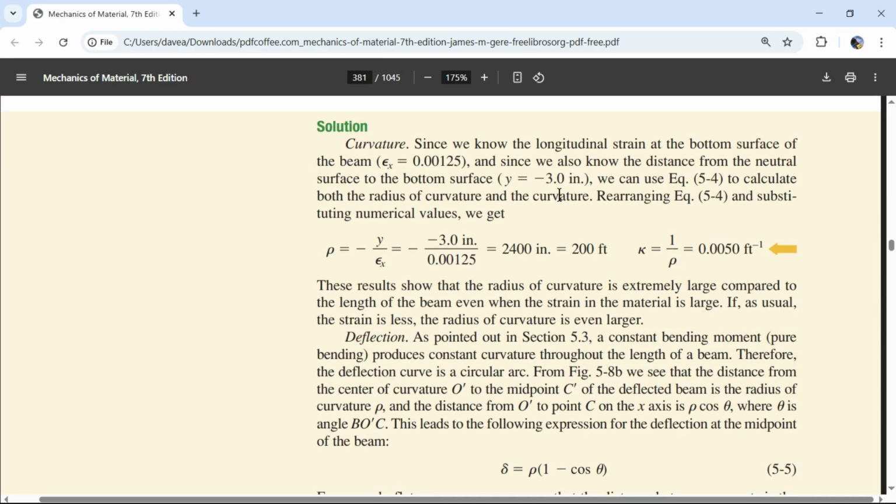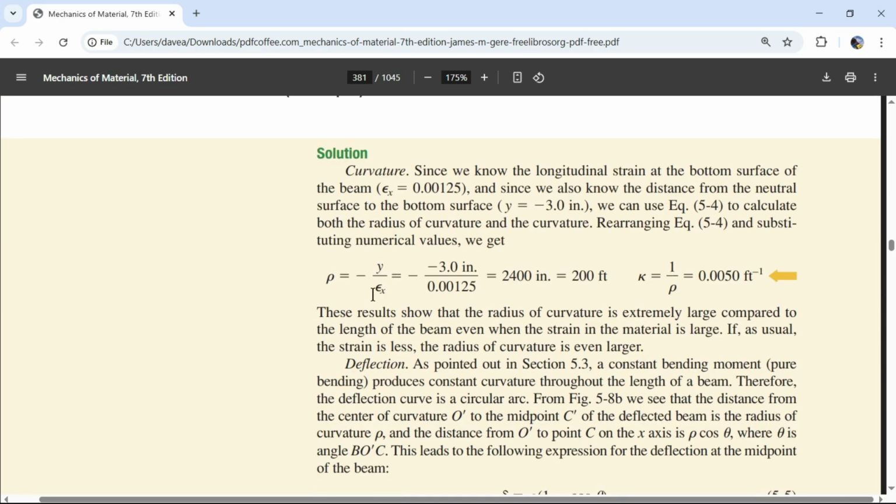All right, so then they just rearrange the strain equation. This would be strain is equal to negative y divided by rho. They just rearrange it to find the radius, and don't think this negative is part of the equation. That's why the strain, when we went with positive curvature, we were saying if this is the curve, the radius is in the positive y direction, so this is a positive value for the radius.